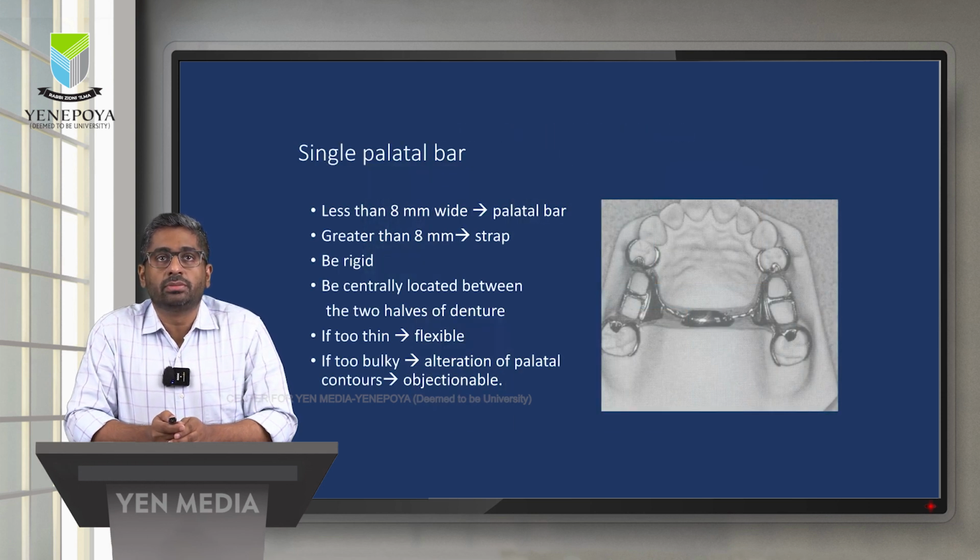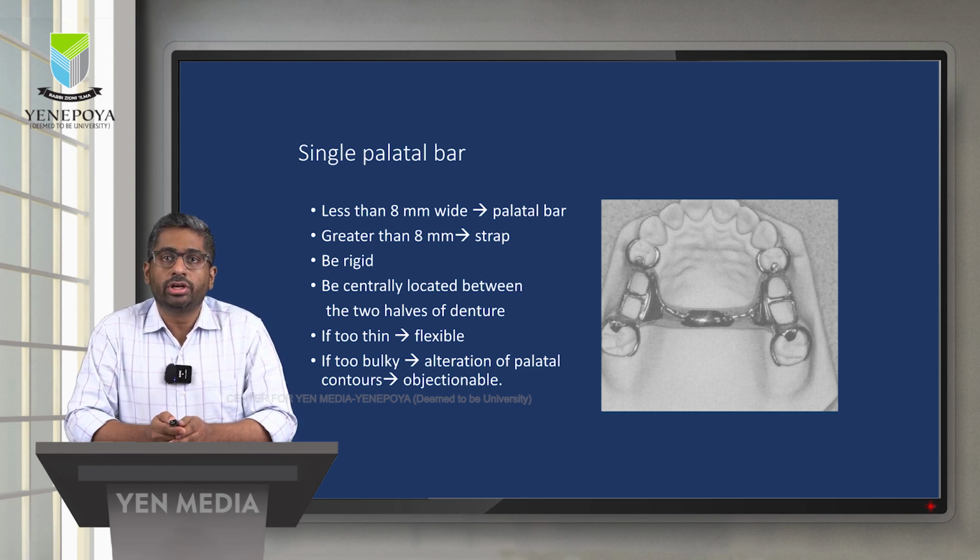Coming to the single palatal bar major connector, like we already discussed, it should be less than 8 millimeters wide, because anything beyond 8 millimeters would become a strap. So a palatal bar major connector should always be less than 8 millimeters, but never less than 4 millimeters. Okay, it should be located between the two halves of the denture.